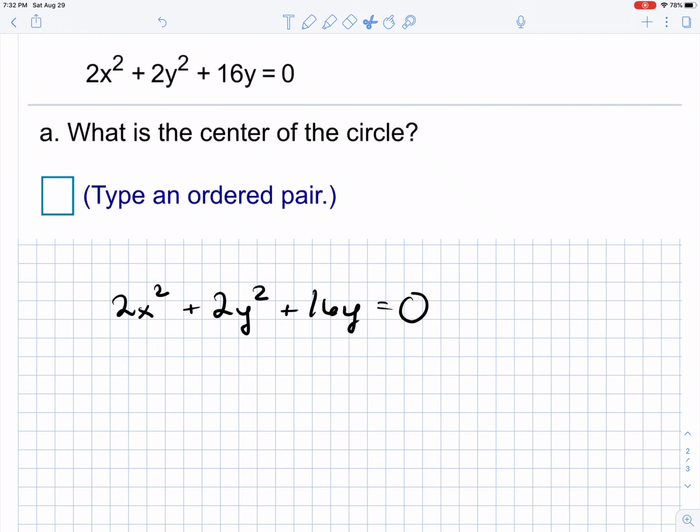To make the leading coefficient in both of these cases a 1, I'm going to divide the left and right by 2. In other words, I'm going to divide each term by 2. Because we're dividing by a monomial, we can split it apart this way. So that cancels, that cancels, this turns into an 8, and this is 0.